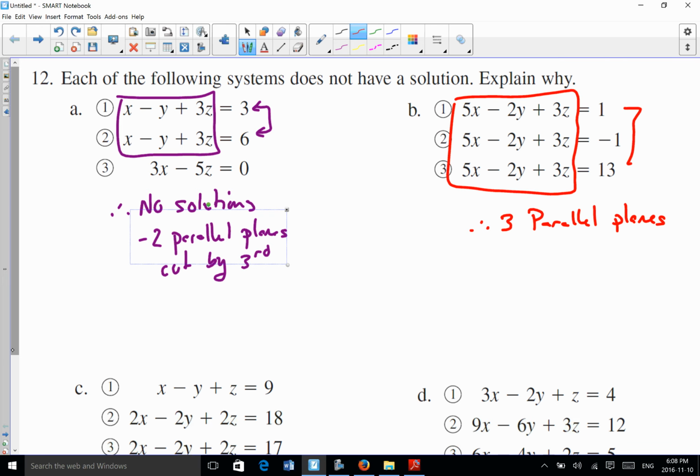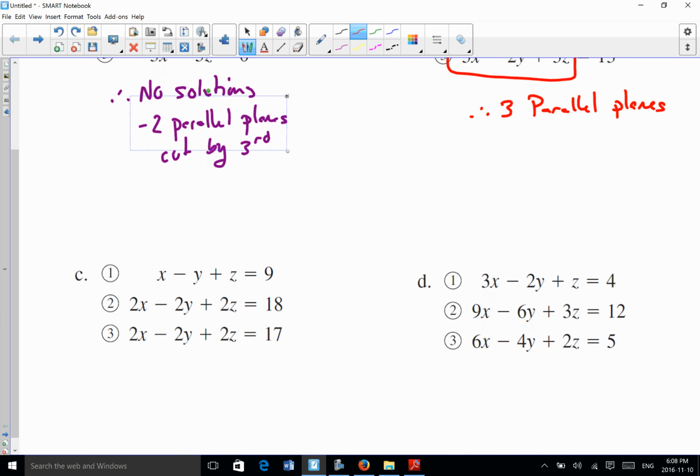Okay, let's look at letter C. Looking for combinations, I notice for sure that these two have the same normals, but different scalars, so they're parallel. And then if I look at the first one, I notice that if I multiply all this by 2, it comes out to 2x minus 2y plus 2z equals 18.